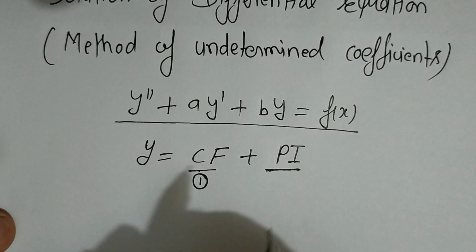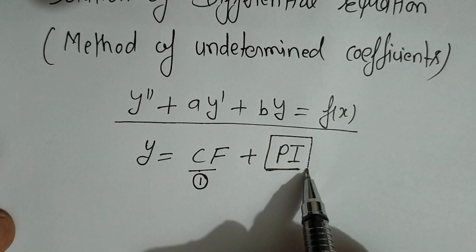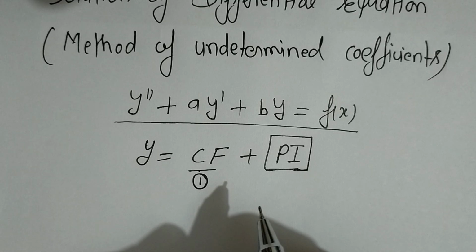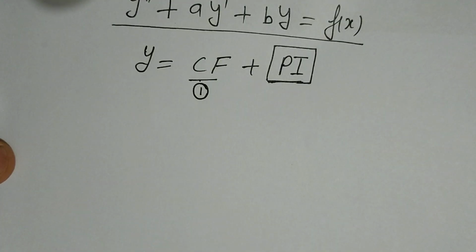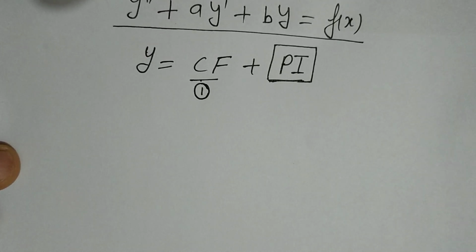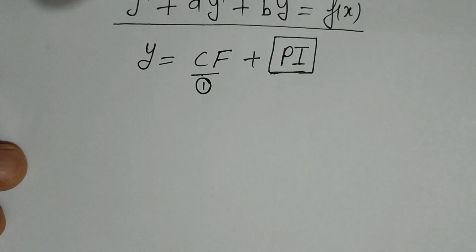In this video, I am going to explain how to find the particular integral using method of undetermined coefficient. So this method of undetermined coefficient is based on the non-homogeneous part of differential equation.